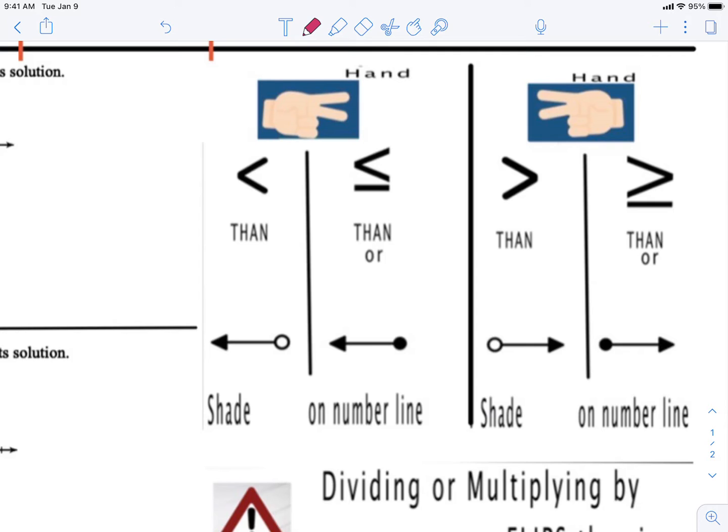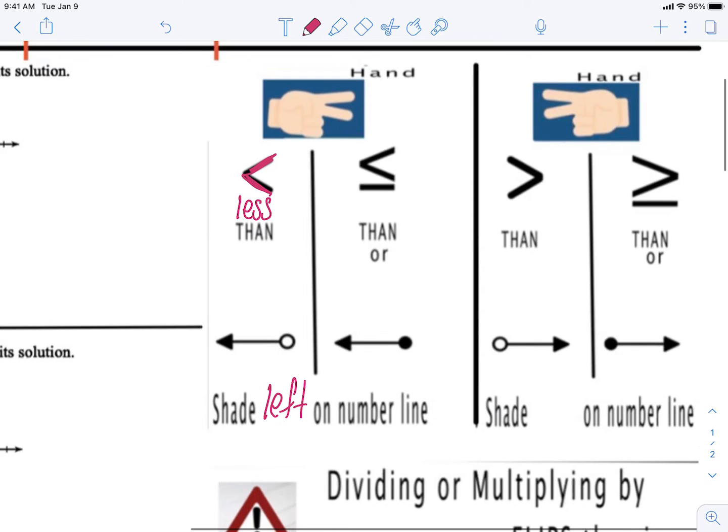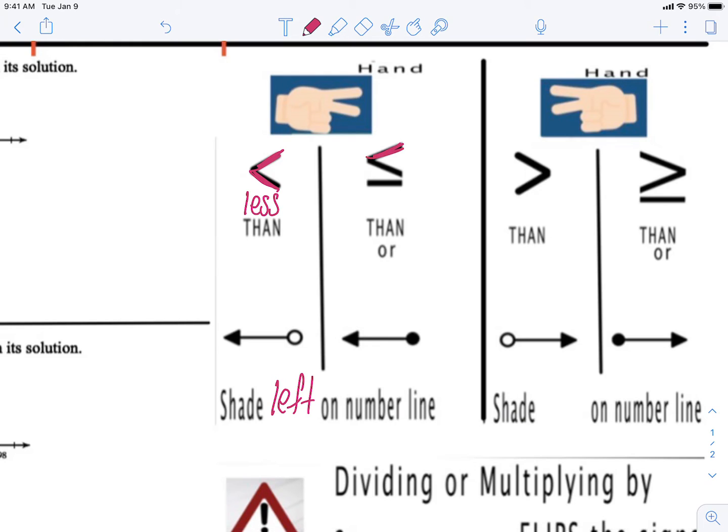With our left hand we say less than. So less than, and we shade to the left. Left hand is less. When we have less than or equal to, when we have our arrow and we have our equal sign, it's less than or equal to.